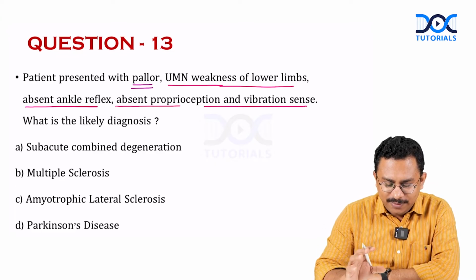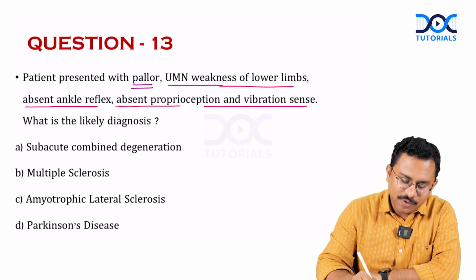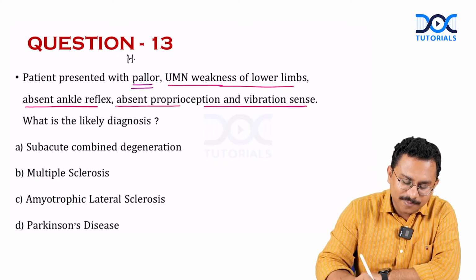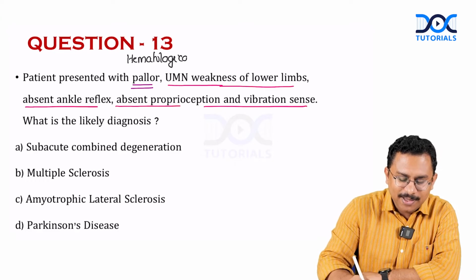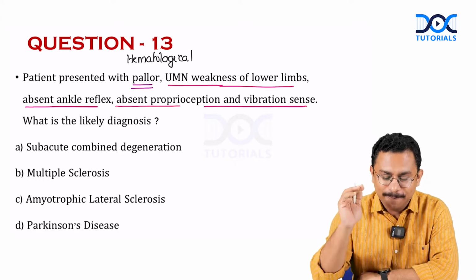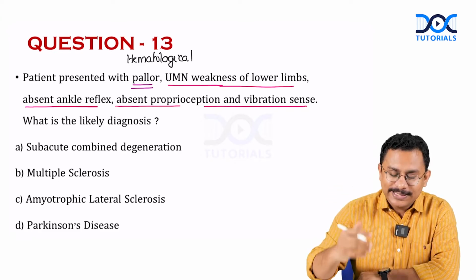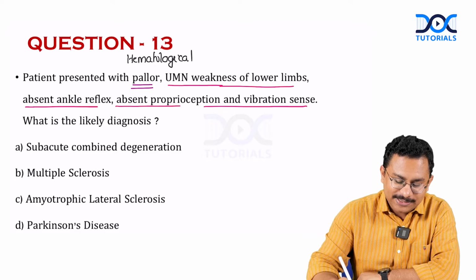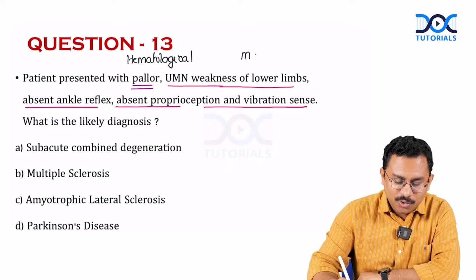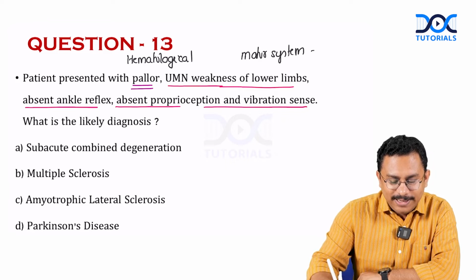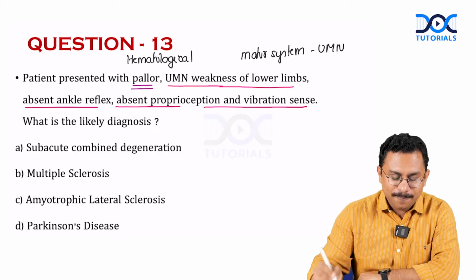If you look at this, you've got hematological involvement, because the patient has pallor, most likely due to anemia. And with weakness of the lower limb, there is neurological involvement, a motor system involvement, and it is a UMN that is getting involved.